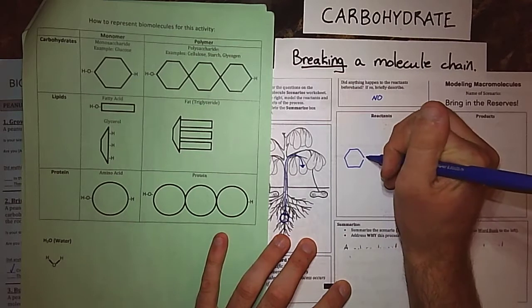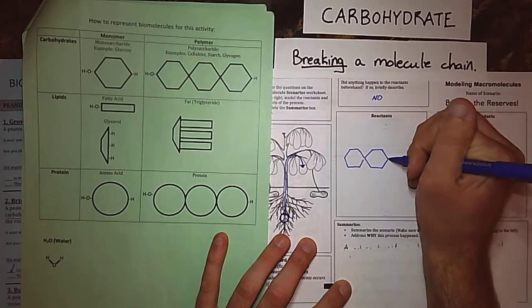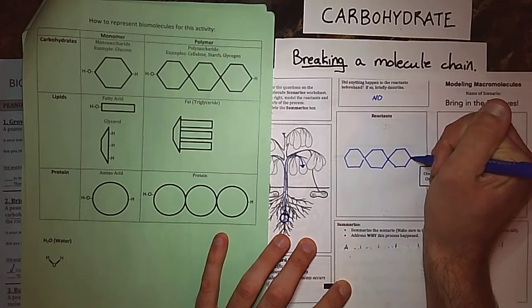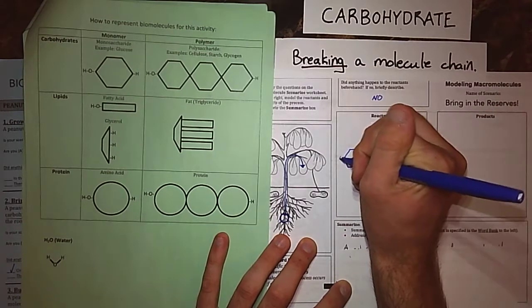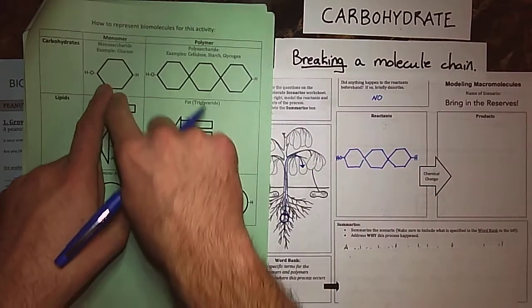Draw 3 glucose molecules together. And then I'm also going to draw my hydrogen at the end and my OH at the end. And then I know that this polysaccharide is getting broken down into its monomer unit, glucose.